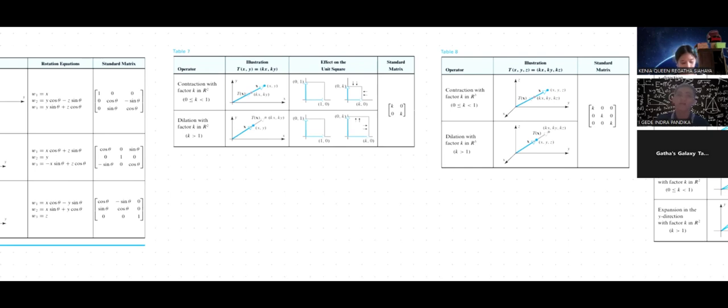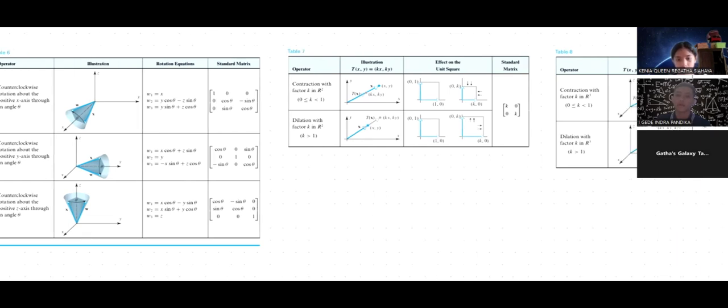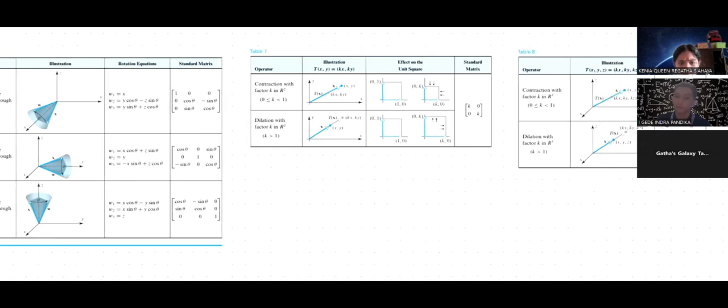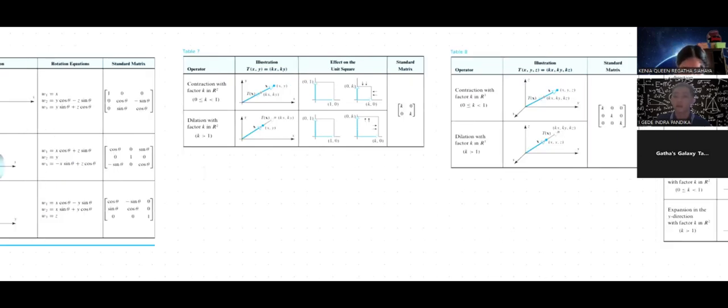And operator number 2 is counterclockwise rotation about the positive y-axis by an angle theta. So in the rotation equation, we have to change the element of w2. So the element of w2 will be y. So the standard matrix will be cos theta, 0, sin theta, 0, 1, 0, minus sin theta, 0, and cos theta.